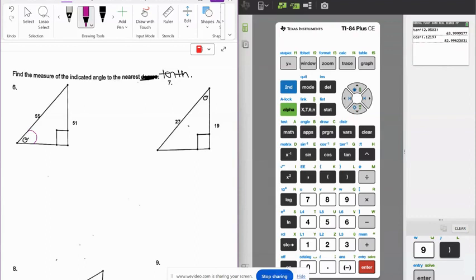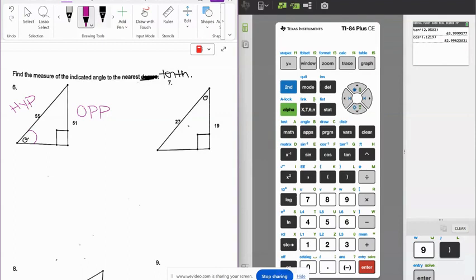So what am I going to do? Well, the 51 in reference to angle theta is opposite theta. The 55 is the hypotenuse. So what did I do? I identified the two sides that were given to us, and I labeled them either opposite, adjacent, or hypotenuse based on the unknown angle.